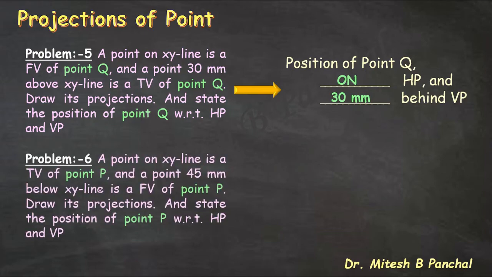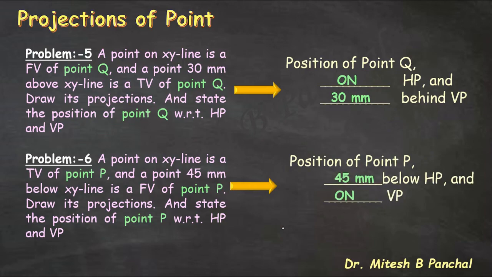Similarly, if you consider problem number 6, the statement of problem number 6 is a point on XY line is a top view of point P and a point 45 mm below XY line is a front view of point P. So here front view is below XY line and top view is on XY. Draw its projection and state the position of point P with respect to HP and VP. So this answer is like this.